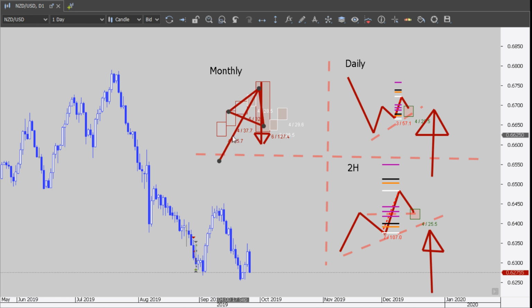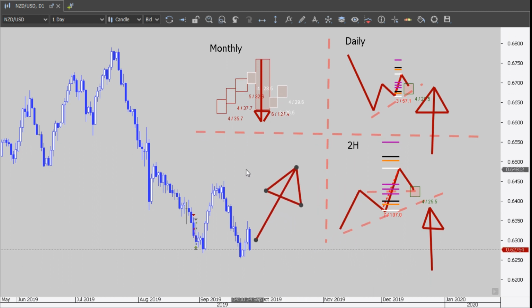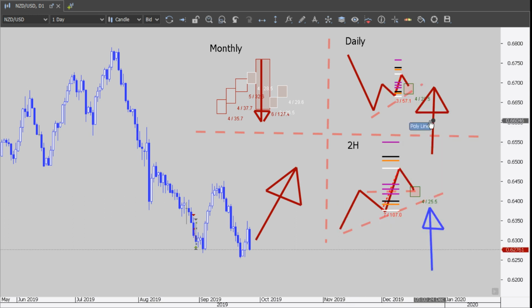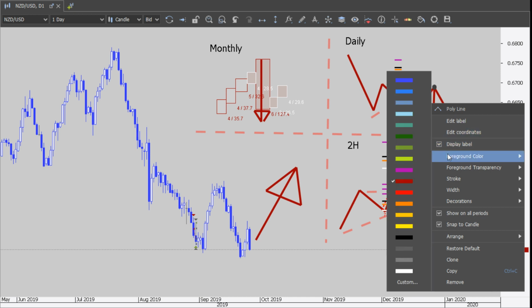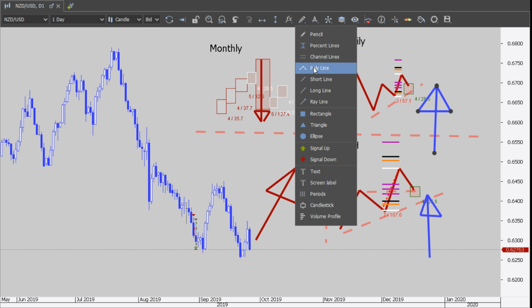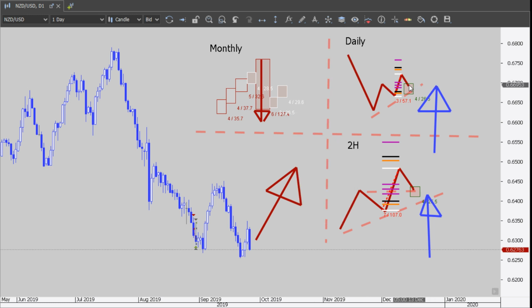Okay, so we had a bearish engulfing candle on the monthly, and we as beginner traders, sometimes even the professional traders, yeah, don't tell me no, I've been there, we buy in here, right? We buy in here, and what happens?